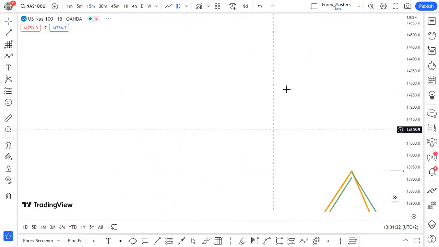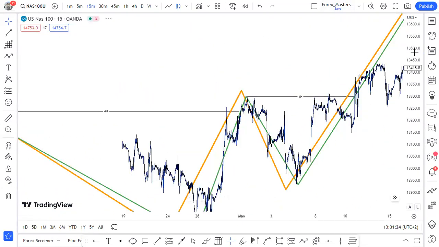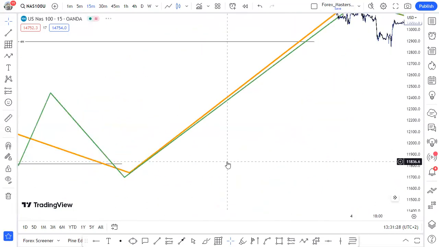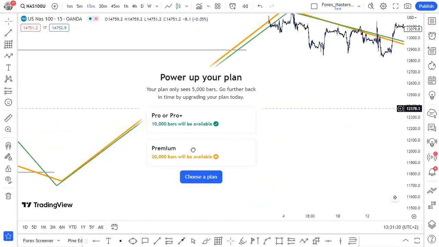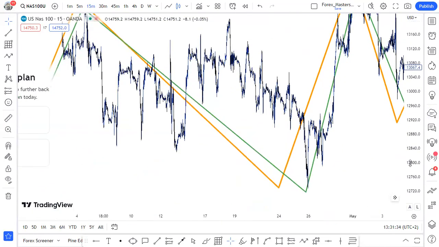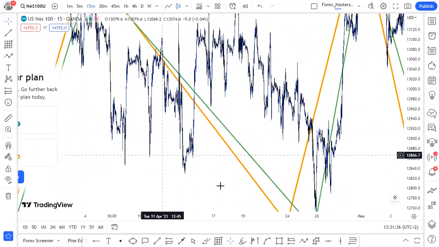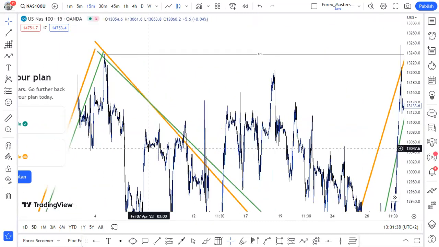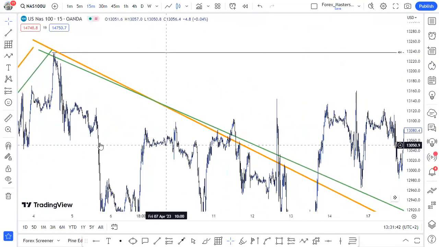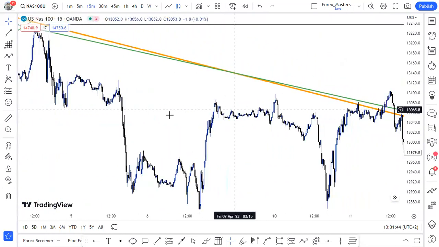Let me just try to bring the market somewhere. Oh, okay, because of my plan, it cannot allow me to go anywhere lower than 4th April. So it's okay. We'll begin from here.